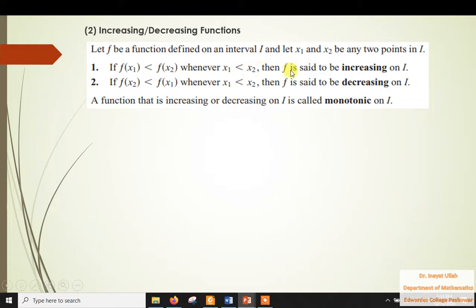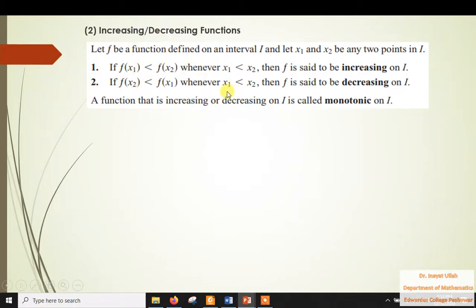Then we say that f is an increasing function on that interval I. That is, this inequality does not change.